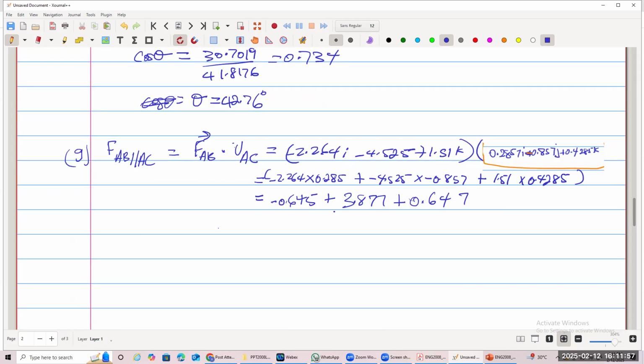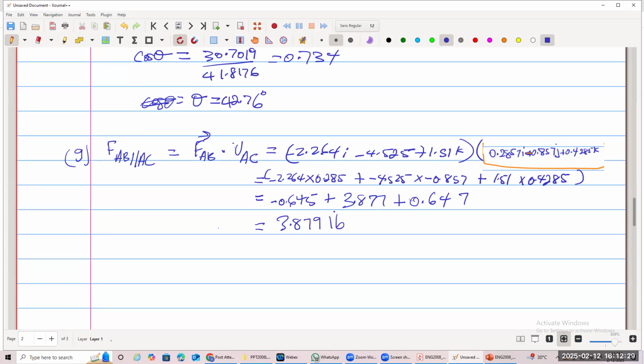So your answer is essentially all of that added together: minus 0.645 plus 3.877. Right, so you end up getting 3.87 pounds. All right, so essentially that is the answer.